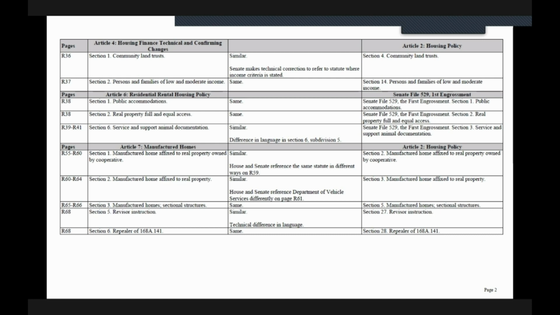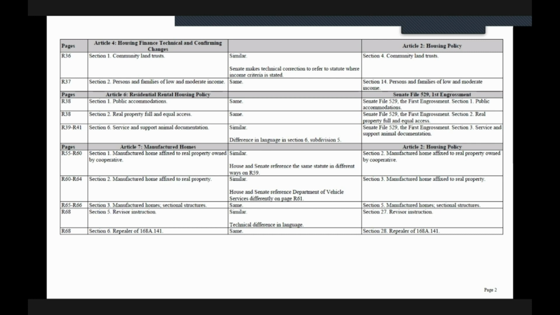The repealer is to repeal Minnesota Statute 2020, Section 168A.141. This statute is the existing statute on the affixation of a manufactured home to real property. So we do want to repeal that because the new language that you're adopting is going to replace that. The two sections are the same on that line.